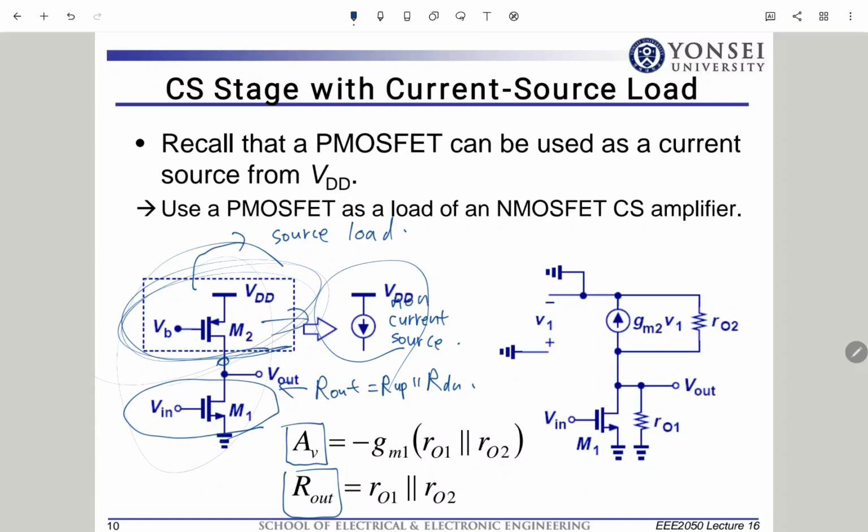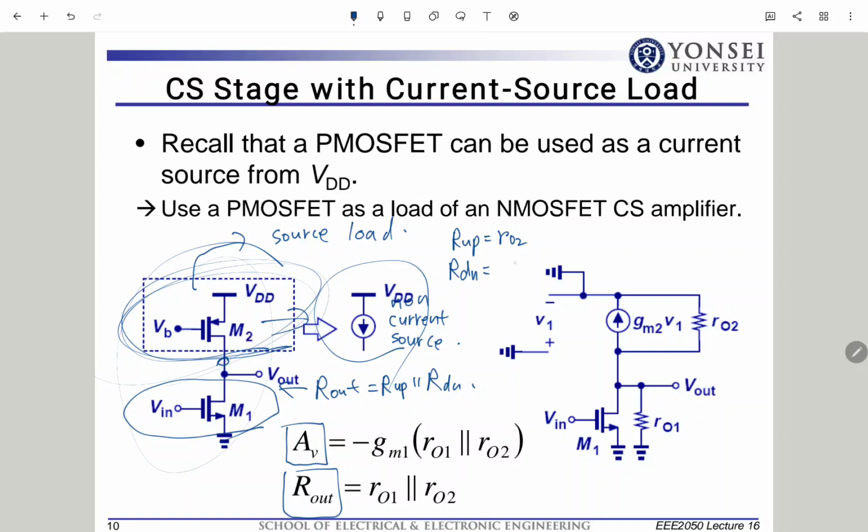Non-ideal current source. So what is the impedance seen from the drain side of the M2 transistor? Which is R up. R up is equal to RO2. Yes. You are great. What is R down?